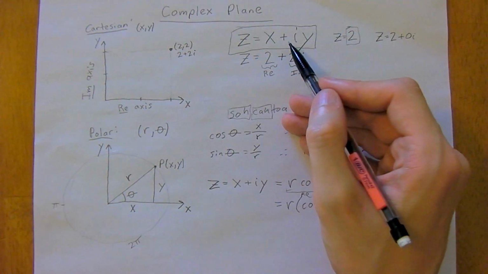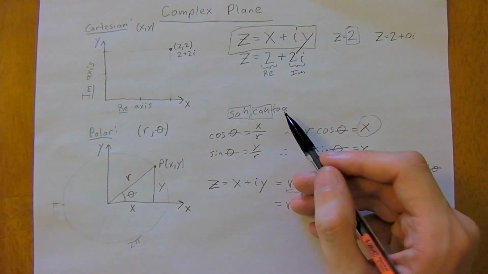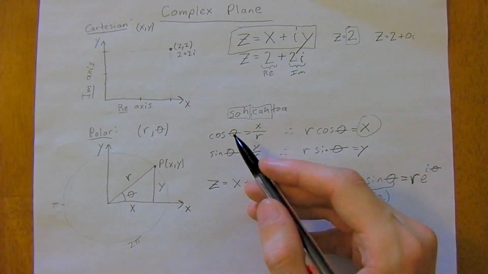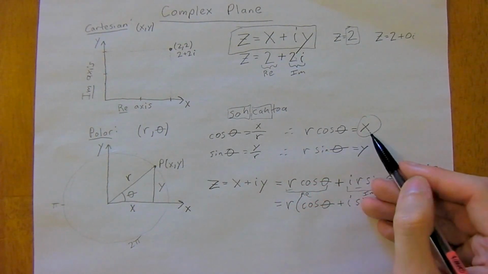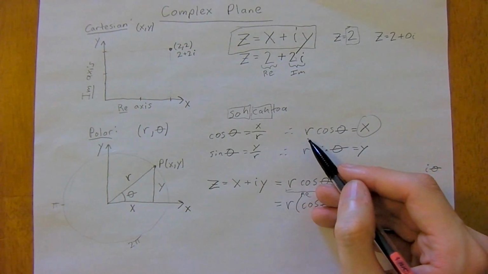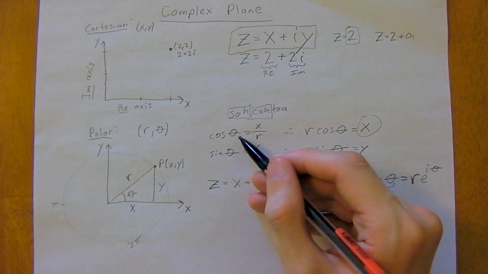So how do we convert now from this form to polar form? Well, you'll remember from SOHCAHTOA and the Pythagoras theorem that cosine theta is equal to x divided by r. Therefore, x is equal to r cos theta. We just multiplied r on both sides of this equation.